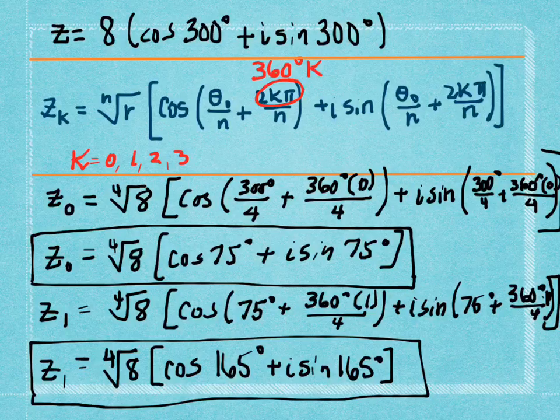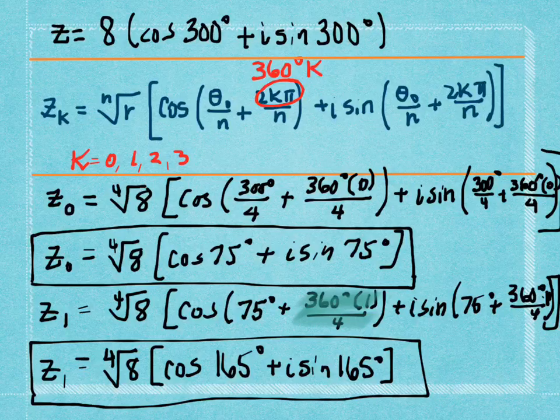If I let k equal 2, so I'm looking at this piece right here, instead of having added 90, right, 360 divided by 4, I would have taken 360 times 2, which is 720, and I would have divided by 4. I would have actually ended up getting 180. So instead of adding 90 to the 75, I would have added 180.